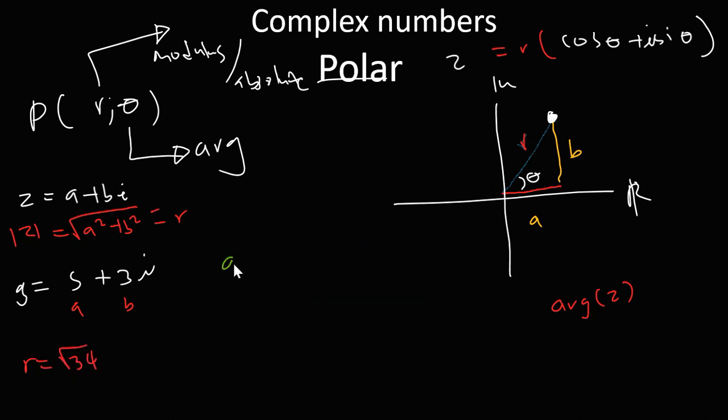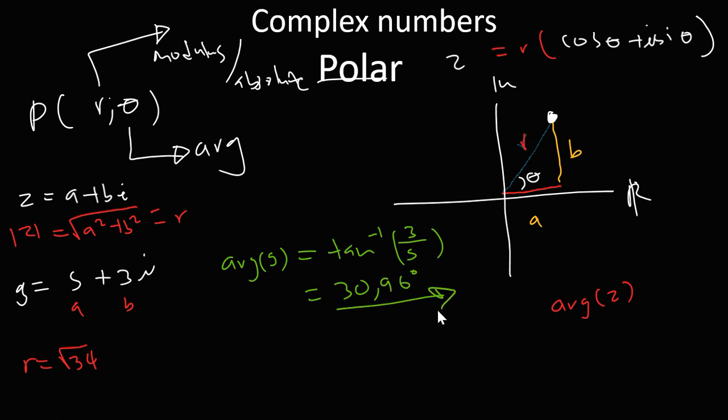We can now find the argument of this complex number, and the argument is always tan inverse of opposite over adjacent. What is our b? Our b is 3, so it's 3 over 5. Note that I have the minus 1 here, showing that I want to find an angle, and I get an angle of 30.96 degrees. This is our argument.